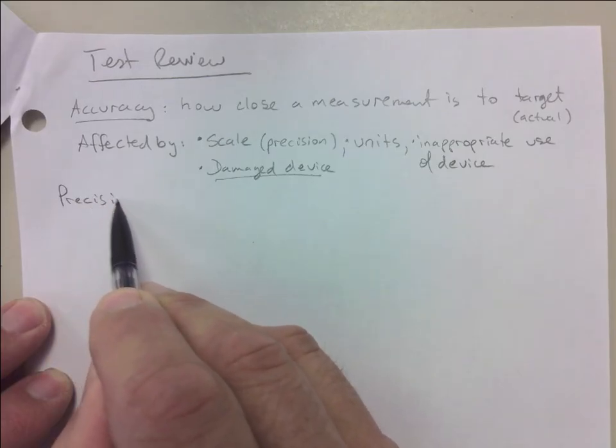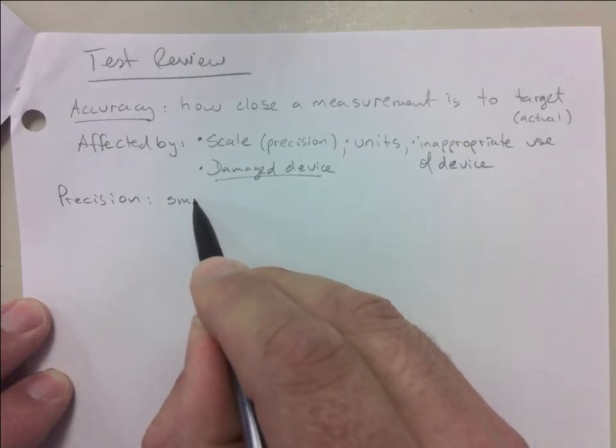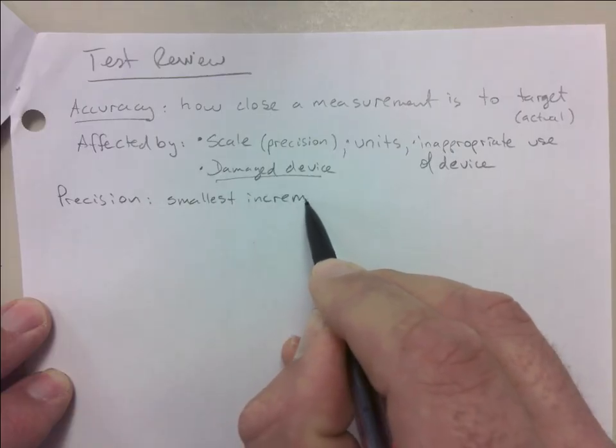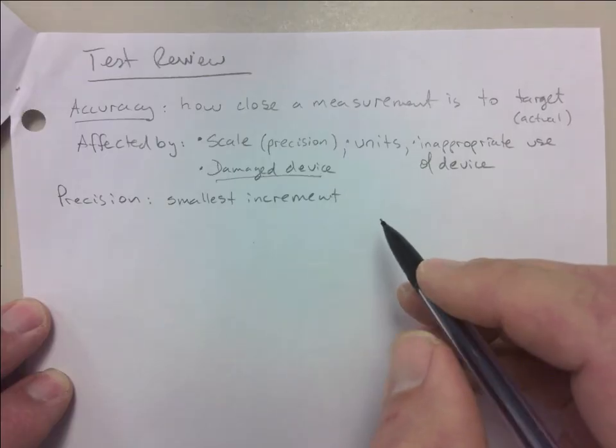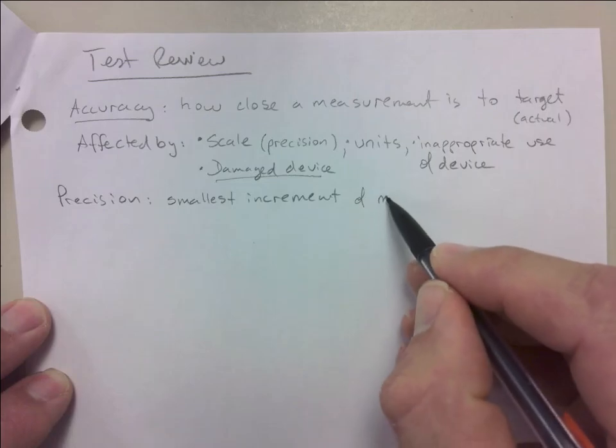This is on page 66 if you're just joining us. Precision is the smallest increment of a measuring device.